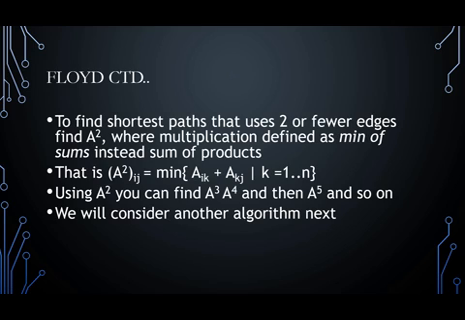So here we are trying to find all possible shortest paths between any pair of nodes with one or two intermediate nodes, right? So from A we find A1, from A1 we find A2, from A2 we find A3, then from A3 we find A4, and so on.